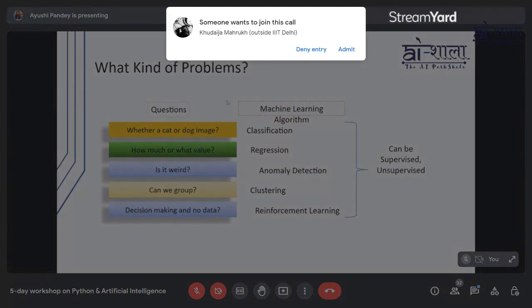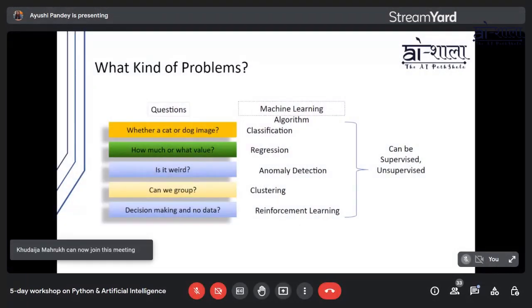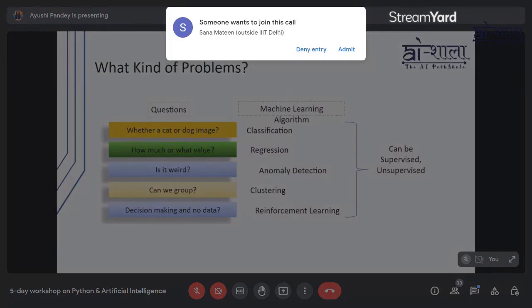We have basically two major divisions: supervised and unsupervised. Supervised means you are telling the system which things have to be categorized. You give the category or the solution to the system initially.